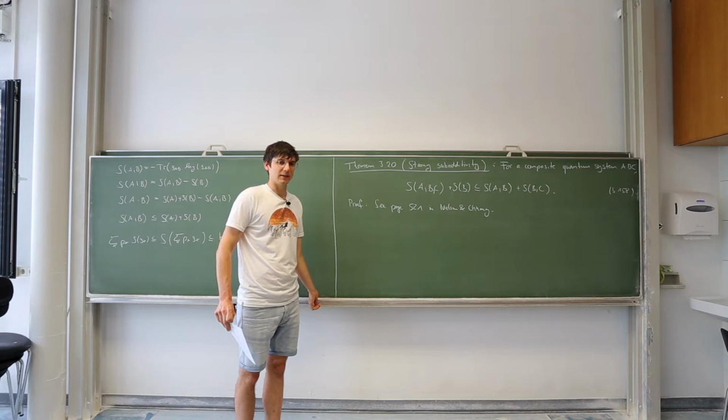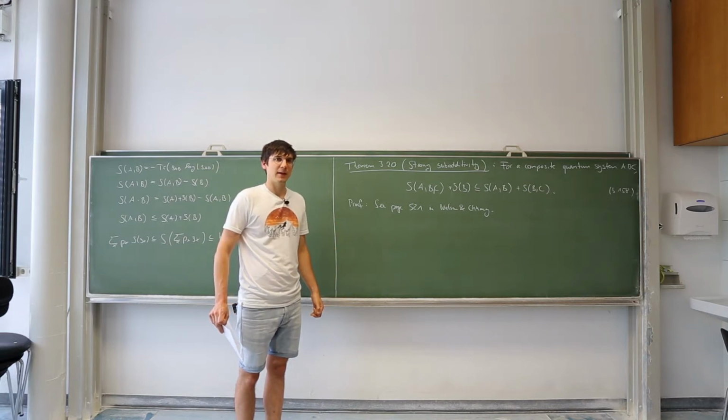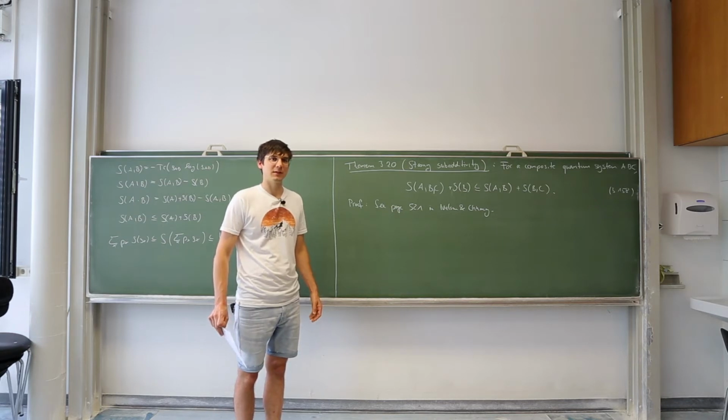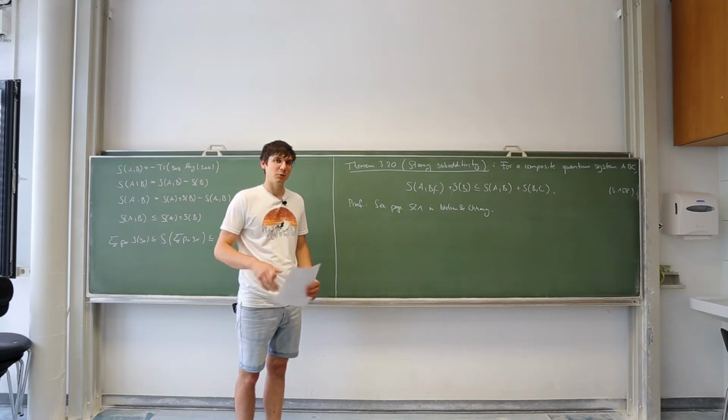And let me also state that the reason why we're stating all these properties has an aim, right? The aim of today's lecture is that we want to prove the so-called Holevo bound. What it is, we're going to see in a few minutes. And for this, we need some tools, and those are the properties, right?